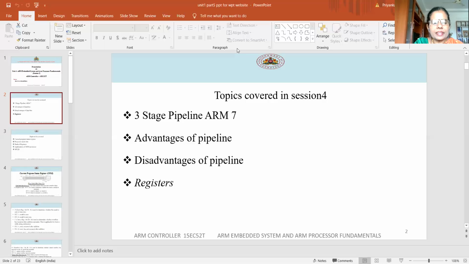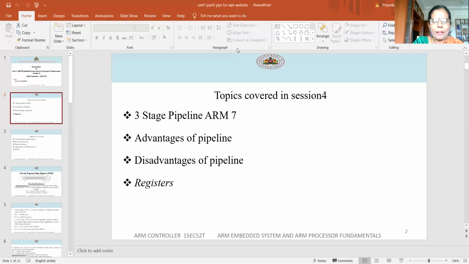Out of the 17 registers, R0 to R12 are referred to as general purpose registers. They can hold either data or addresses. The remaining R13, R14 and R15 have special functions. R13 is the stack pointer, which holds the address of the stack top. R14 is the link register, which holds the return address whenever we call a subroutine.